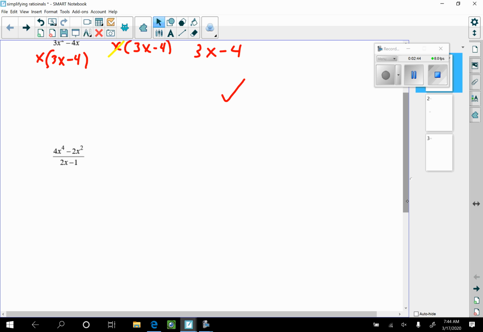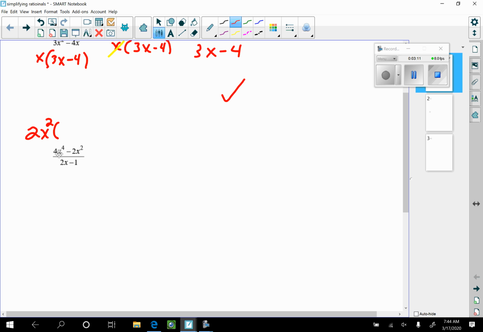Here's one. Same deal here. We're going to factor and cancel, factor and cancel. So it looks like this: on the bottom there are no common factors, but there is a common factor on the top. I had to do some investigation. It looks like that common factor is 2x squared. It does indeed.